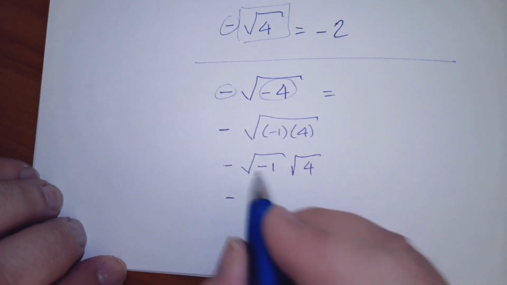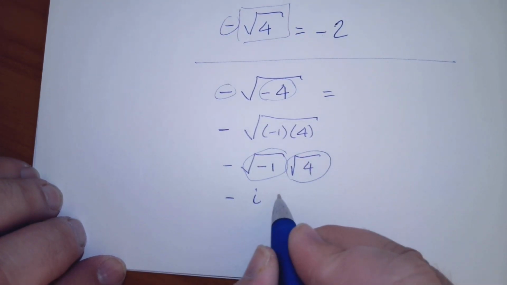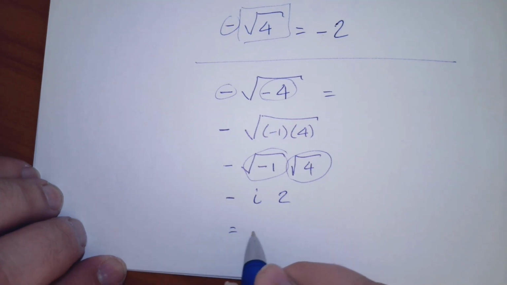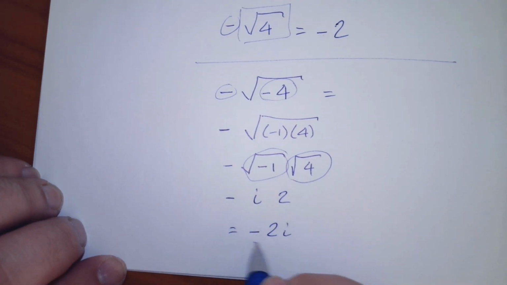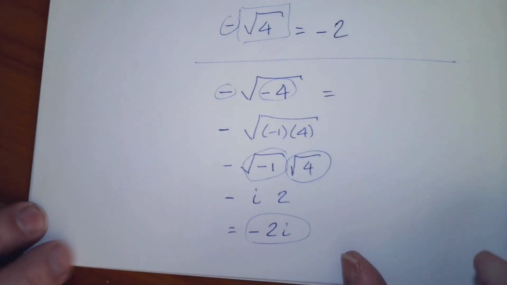So the negative is still in front. The square root of -1 is i. The square root of 4 is 2. So the answer is -2i. So that's how we use i's in our calculations to find complex numbers.